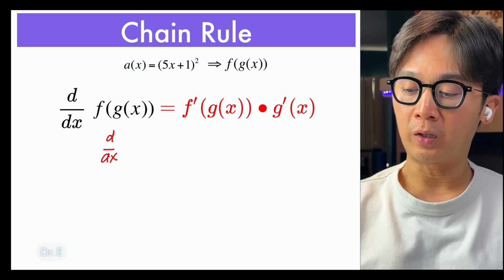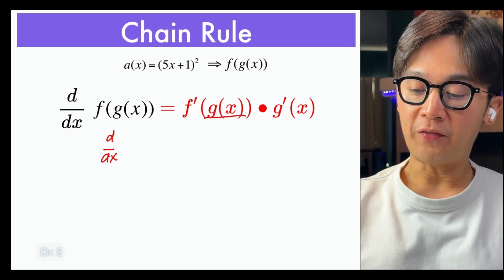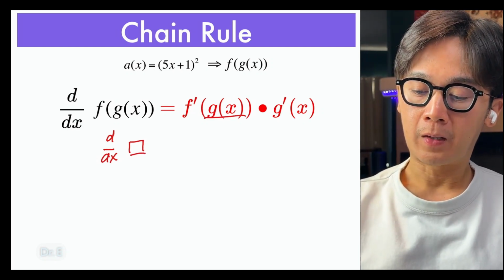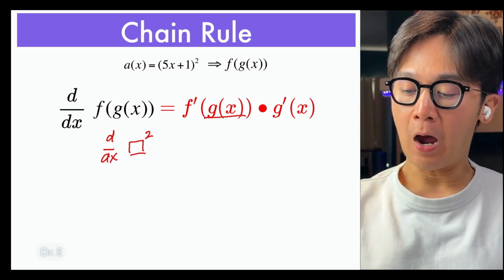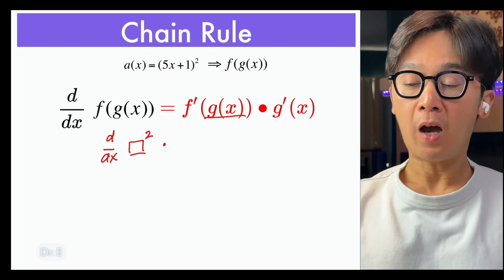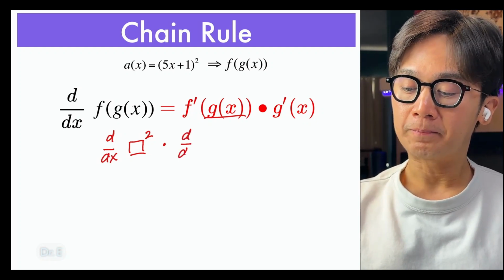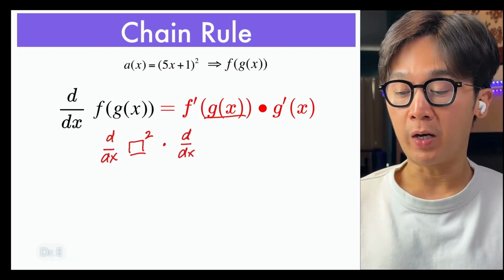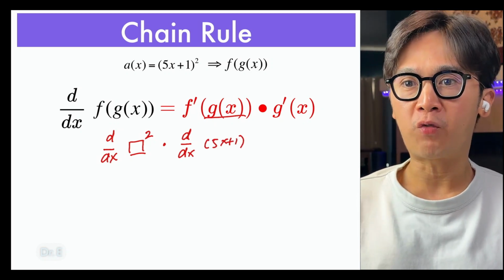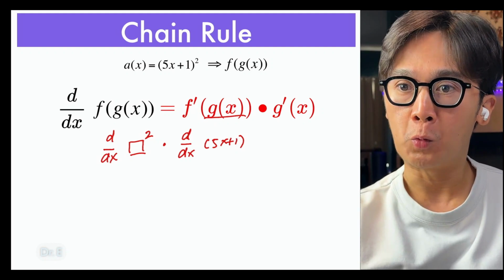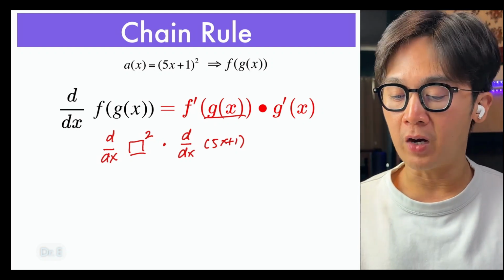d dx of our main function, f of g of x, which is box squared, and our sub-function, which is the function inside, 5x plus 1. So we have the derivative of 5x plus 1. Basically, we're performing two derivatives in one function.